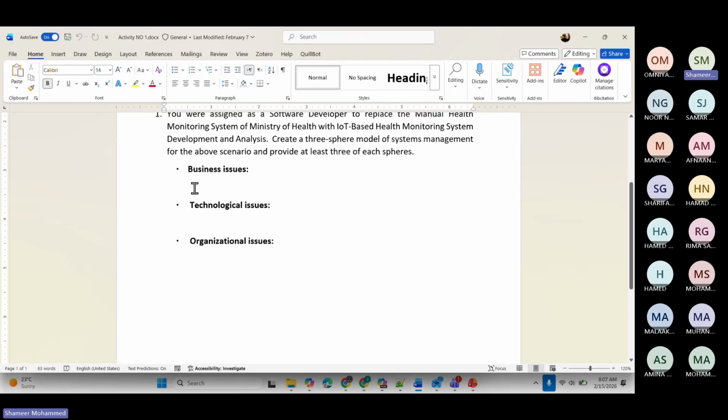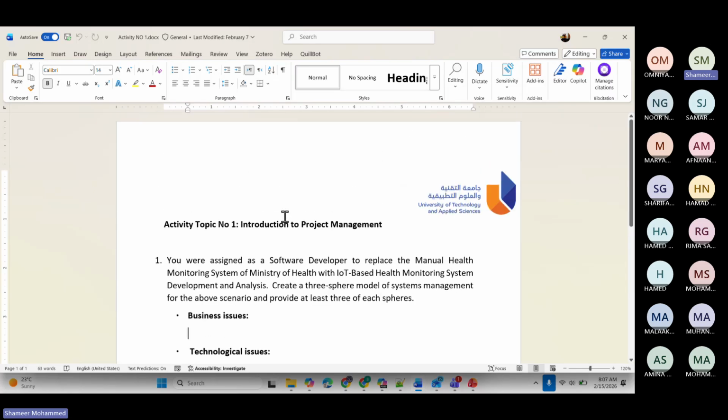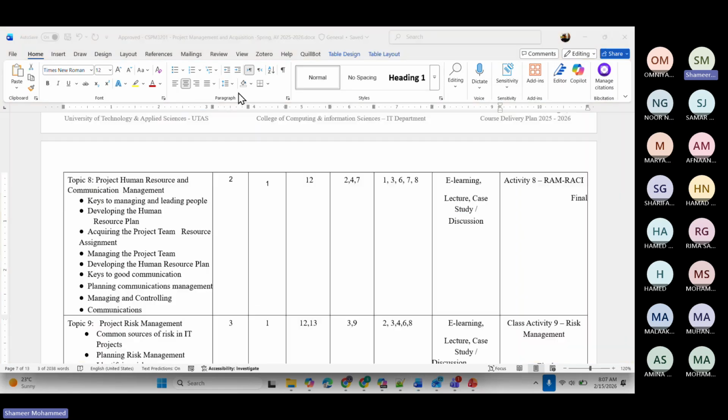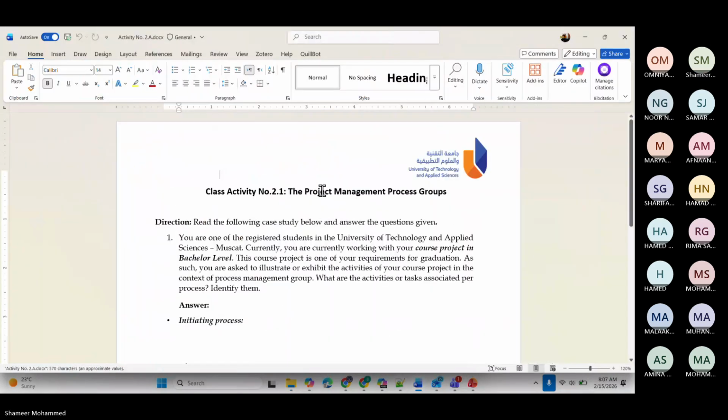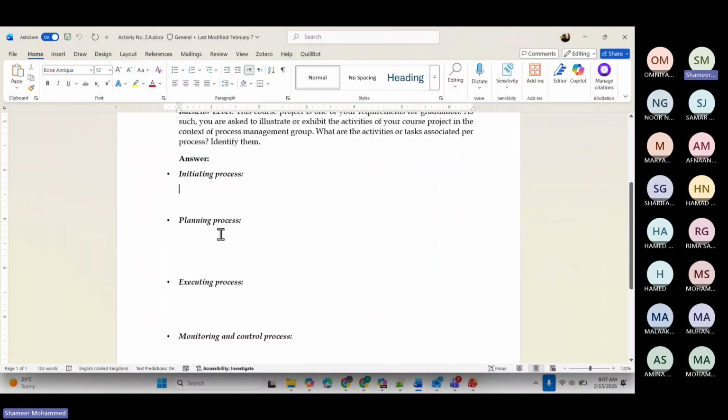Okay, you have to take the printout and write in your handwriting using paper and pen and submit it after I complete each lecture. Similarly for lecture 2, you have activity 2. You have to study this question and answer here.